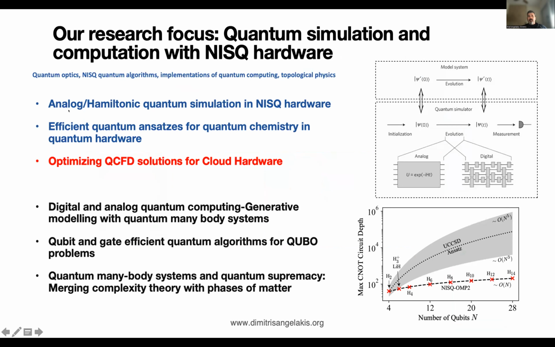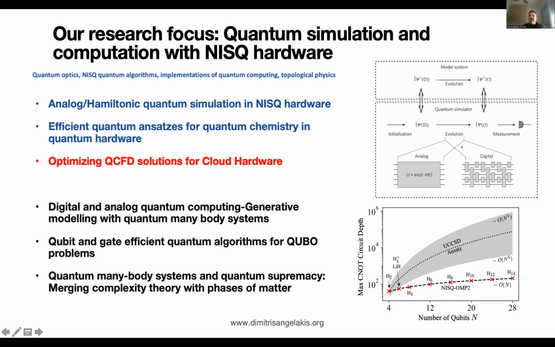So we work quite a bit on what we call analog or Hamiltonian quantum simulation, where you basically take off this digital part, this gate decomposition, and you replace it with an analog, Hamiltonian-based evolution. This is closer to the original analog quantum simulator approach by Feynman, where you have one system that you cannot really measure or control very well, and you use another one in order to probe various phenomena you expect will be there.